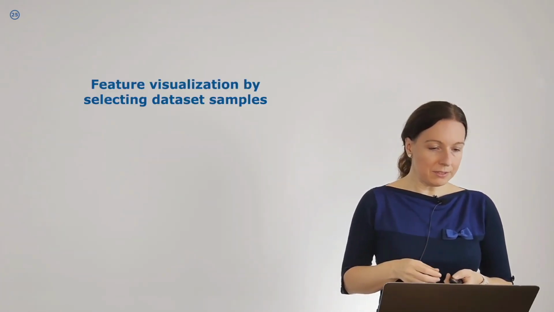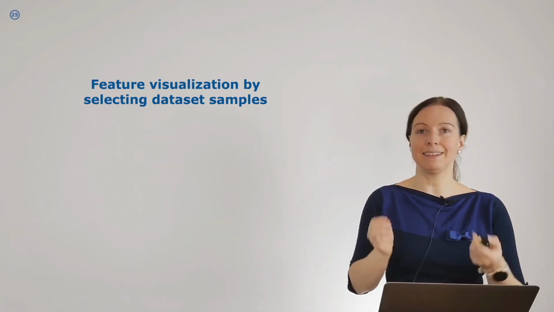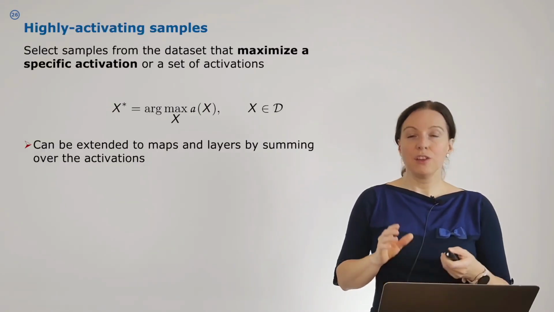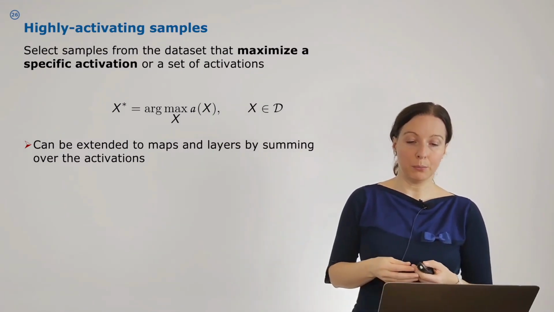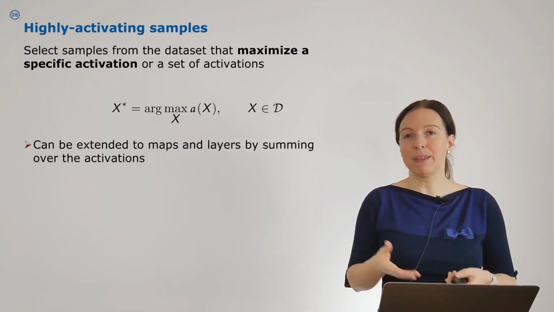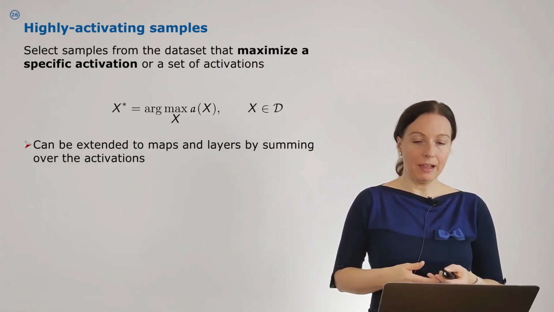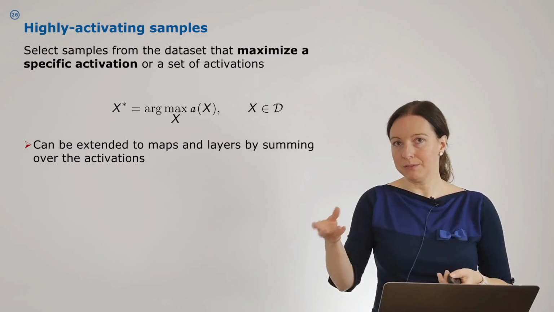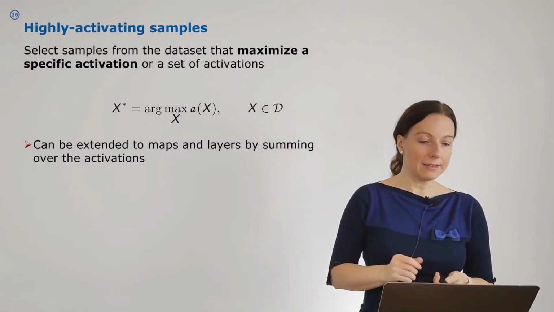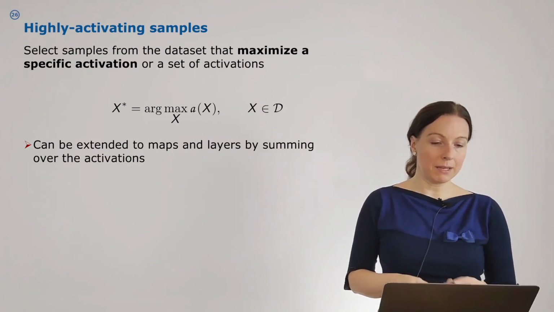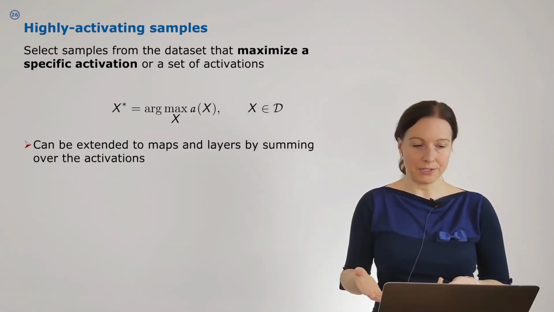But let's first have a look at feature visualization by selecting dataset samples. When we want to learn which patterns were learned in the network, we can utilize a dataset, either the training samples or some other kind of data, but with the fixed network. What we can do is select samples from the dataset that maximize a specific activation or a set of activations.